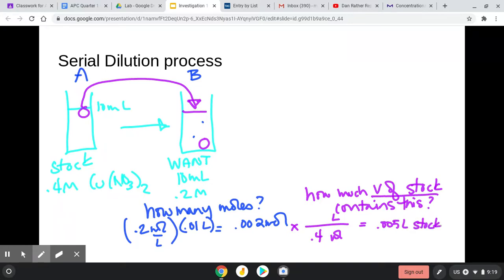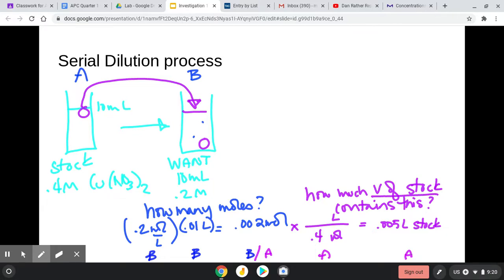Now notice that all the way through this calculation, my volumes agree. In the beginning, I used molarity of B and volume of B, and I got the moles that are going to be contained in solution B. Now that same moles that is going to be contained in solution B is also going to be taken out of solution A. Then I multiplied that by the molarity of A, and I got the volume of A that I'm going to need to take out.